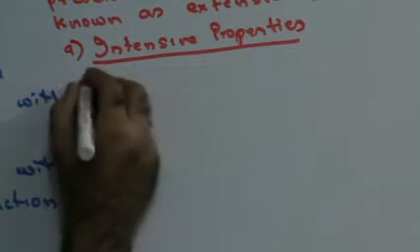Whether I take 1 liter of the liquid or 6 liters of the liquid, will it affect the pH of the liquid? No. Similarly, normality and molarity, where the quantity of matter does not affect the property. So properties which are not affected by the quantity of matter present in the system are called intensive properties.